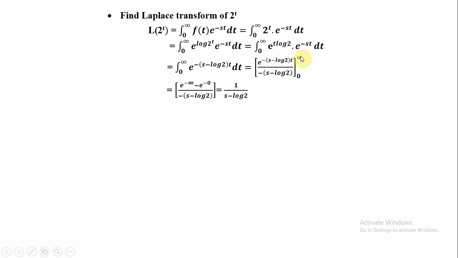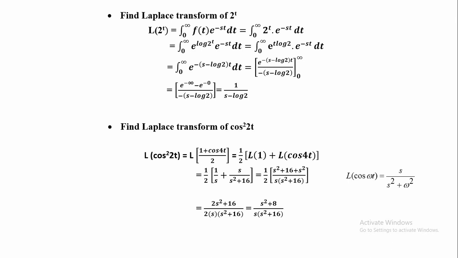Now apply lower limit and upper limit, put t equal to the limits and simplify. So here you will get e raised to minus infinity minus e raised to minus 0 by minus of s minus log 2, which is equal to, e raised to minus infinity is 0 and e raised to minus 0 is 1. So here the answer is 1 by s minus log 2.